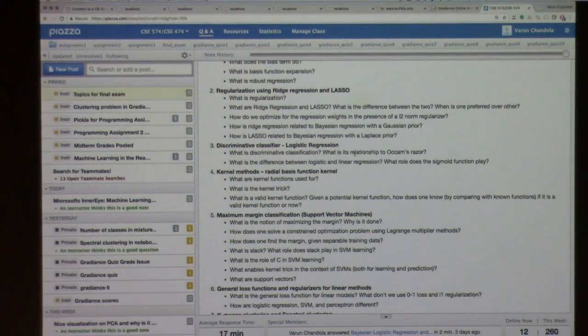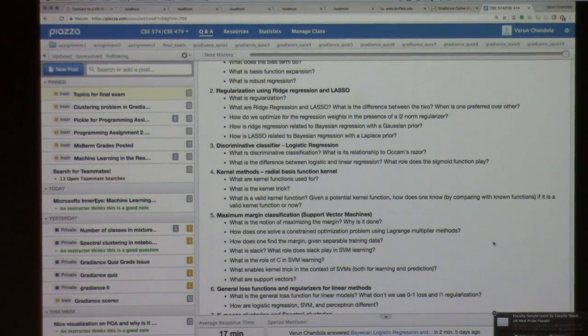Occam's razor is a concept which basically says that if you have two models, and both are giving the same performance on your training data, but one is more complex than the other, then always go for the simpler model. So it follows a general philosophy of keep it simple. We have seen that over and over again with regularization, trying to reduce the magnitude of weights.